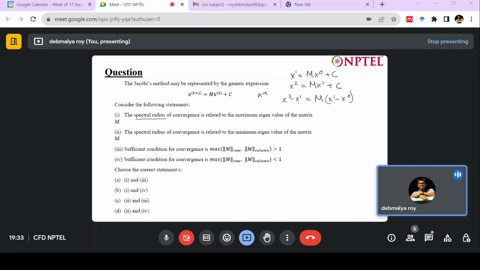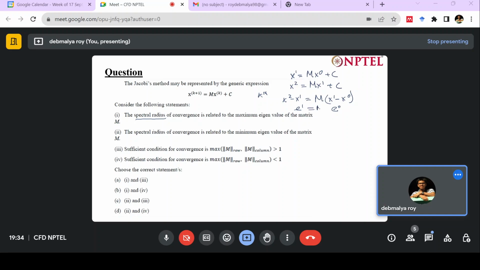So this x2 minus x1 we can take as a measurement of the error. If this value becomes smaller and smaller, then the equation is convergent. So let's define x1 minus x0 as e0, like error 0, and x2 minus x1 as error 1.